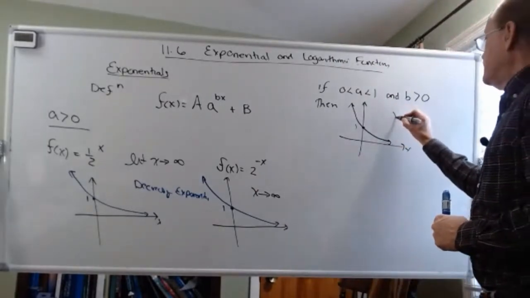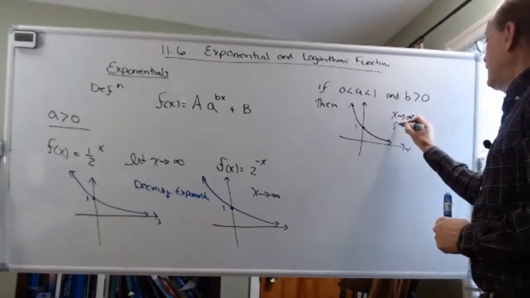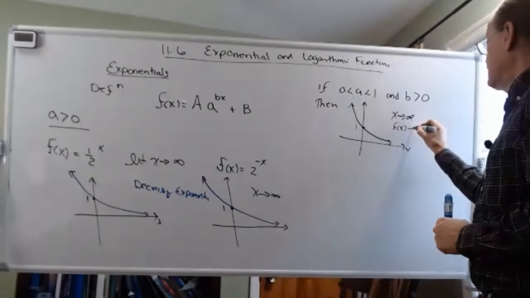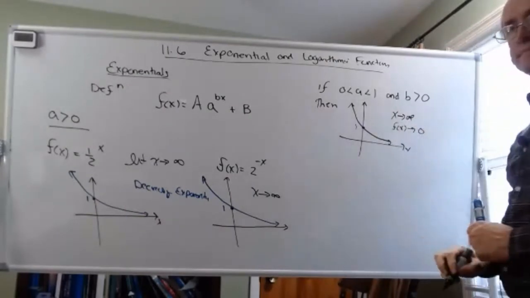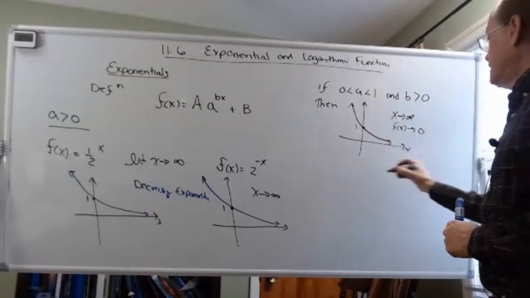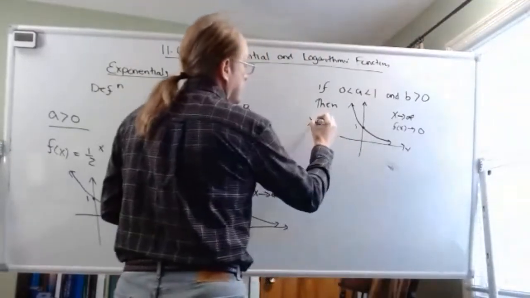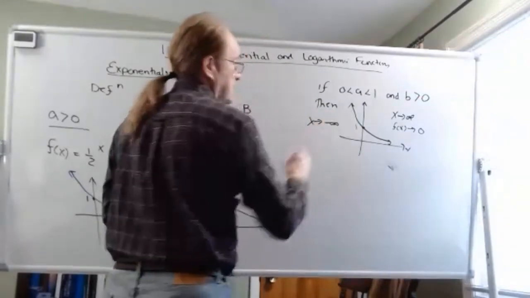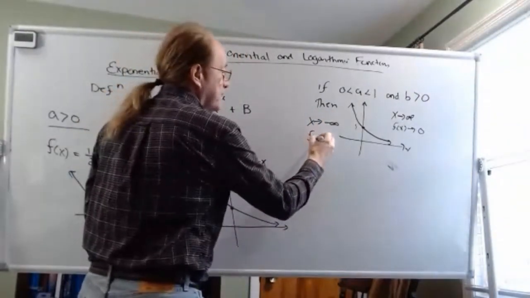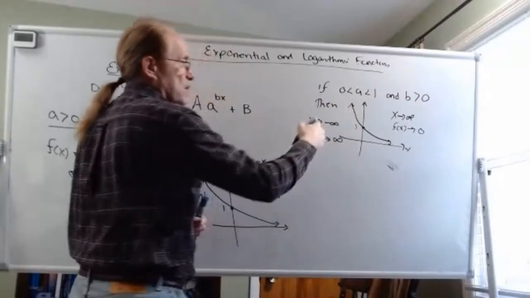So what happens here, then, is we know as x goes to infinity, the f of x that I've drawn goes to 0. That's the end behavior. And on the other side, as x goes to minus infinity, f of x goes to plus infinity in this graph.